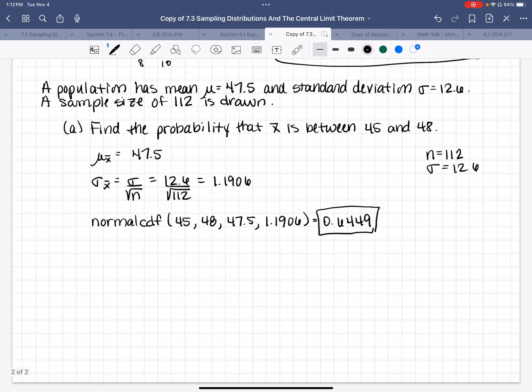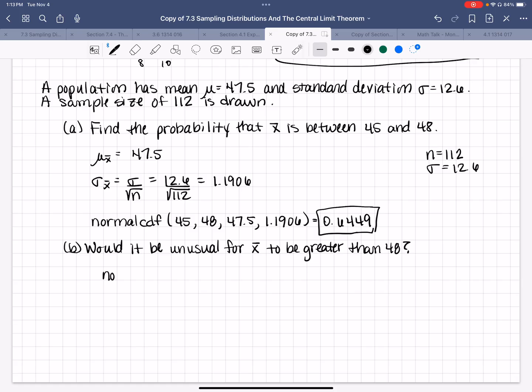Okay. B says, would it be unusual for X bar to be greater than 48? Okay, so we're looking if we get a probability of over or under 0.05, then yes, it will be unusual.